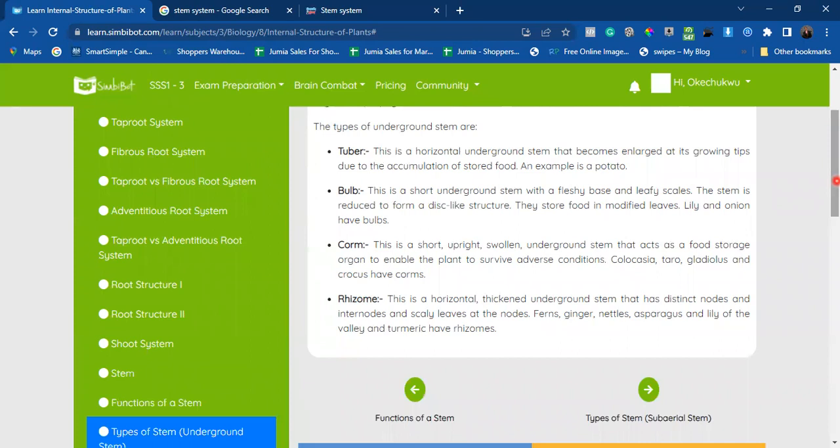And then we have the rhizomes. Examples of rhizomes are ginger, turmeric, and all of that.